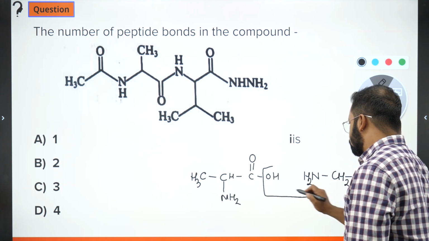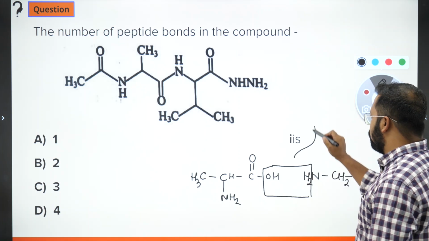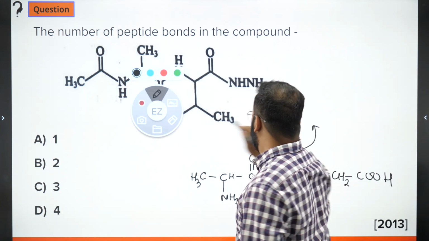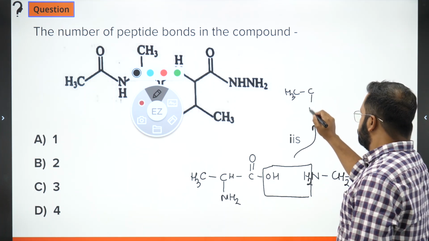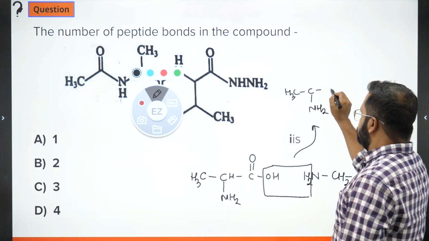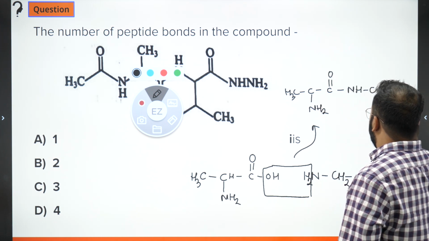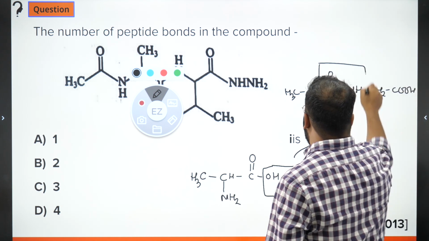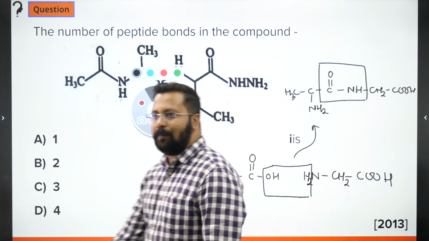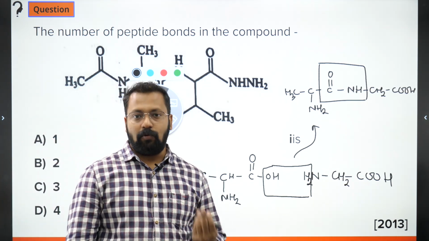It will lose a molecule of water from here and will form this bond, known as a peptide bond. A peptide bond is nothing but an amide linkage between two amino acids.